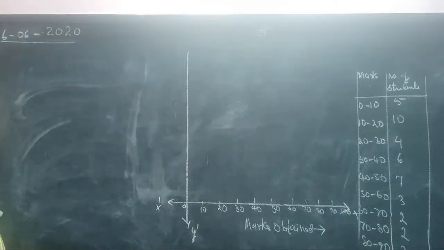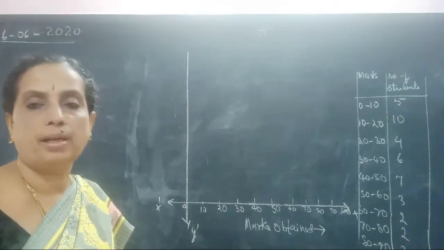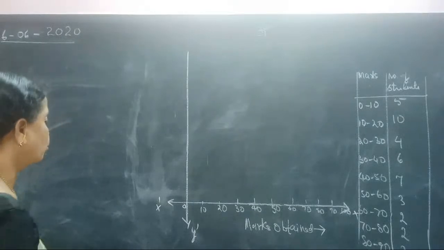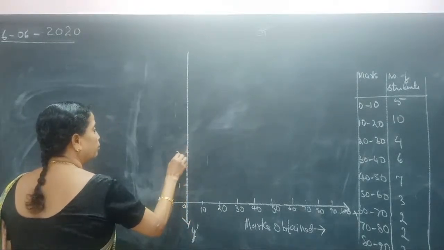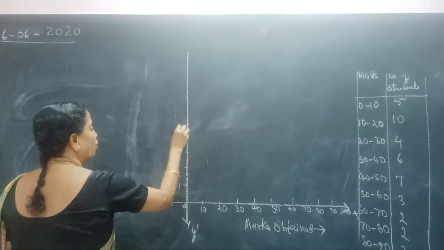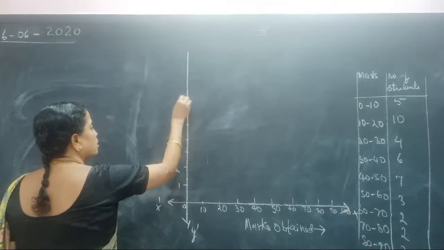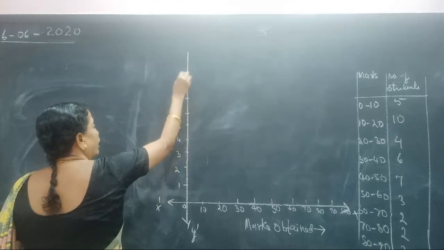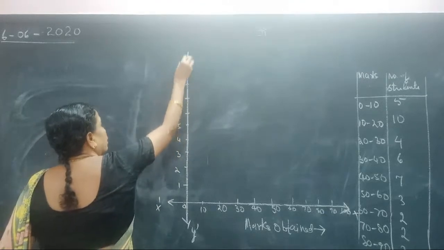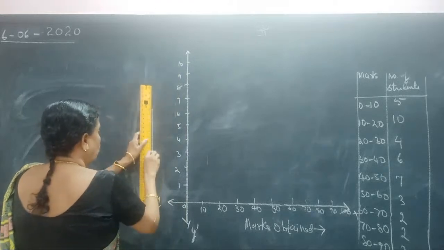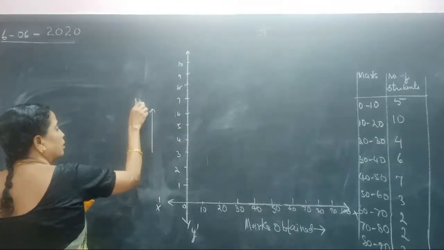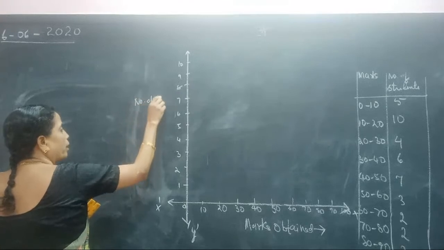And for the frequency, the maximum is 10. Take 1, 2, 3 up to 10. Along the y-axis it is number of students.